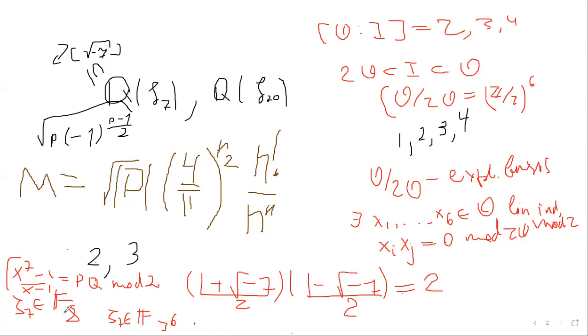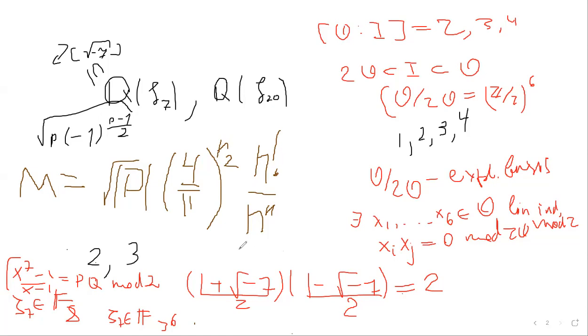So now we want to show that, if you take the ideal generated by this inside of here, then we should get Z mod 2.